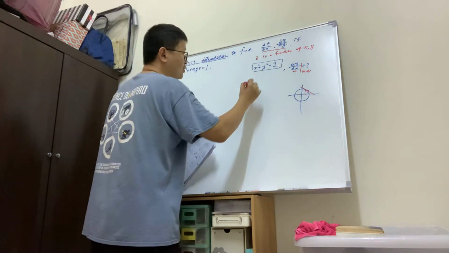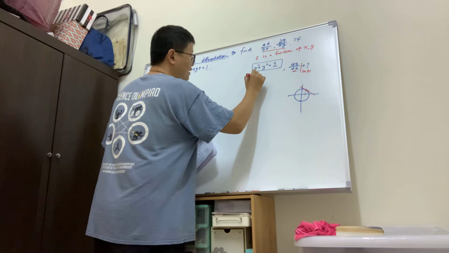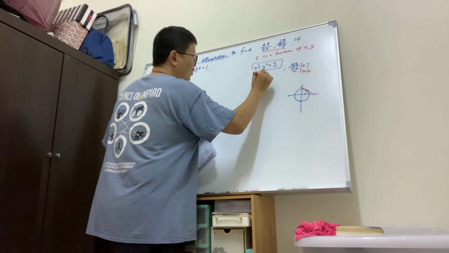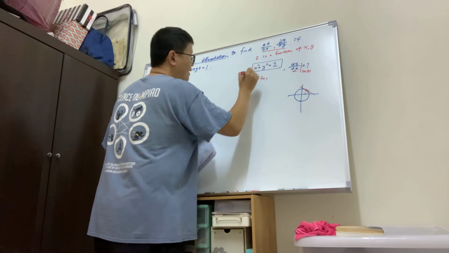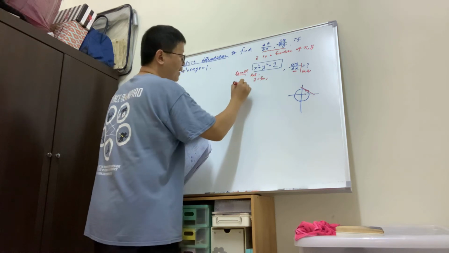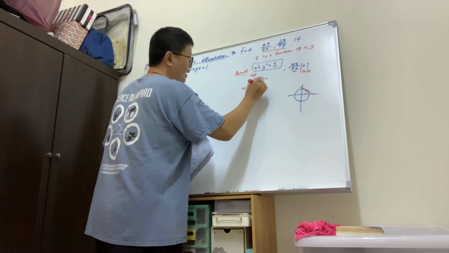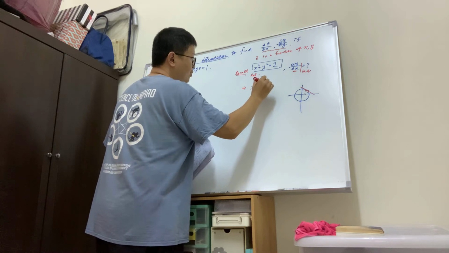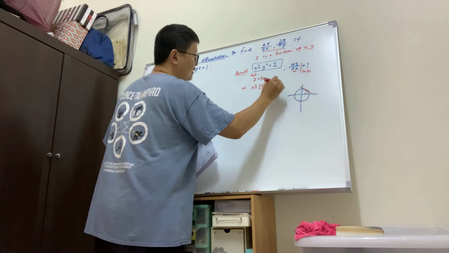We could let y be f of x, and then we get x squared plus f of x squared equals 1.